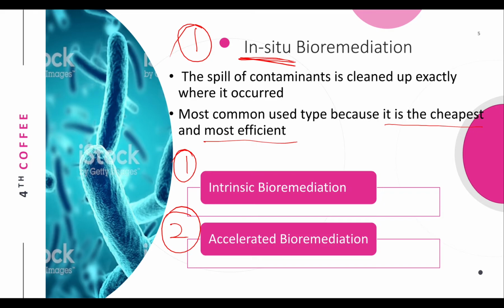Okay, so we can see the difference here. Intrinsic is we just let whatever microorganisms are already present at that polluted site do their job of the bioremediation. However, for the accelerated, we help them to grow more microorganisms so that more microorganisms can degrade more chemical compounds.